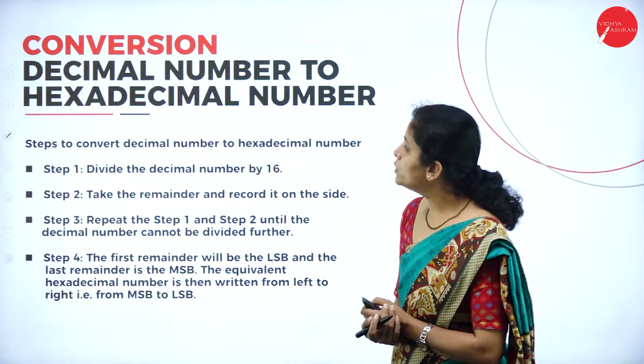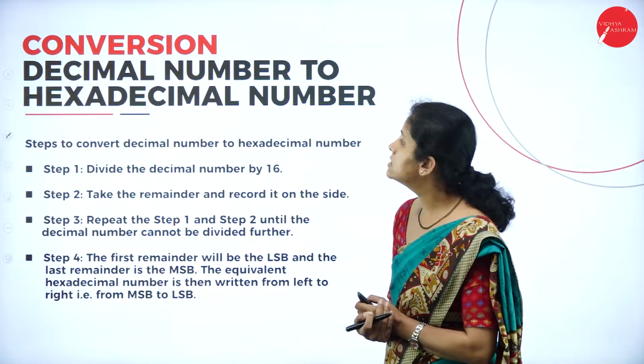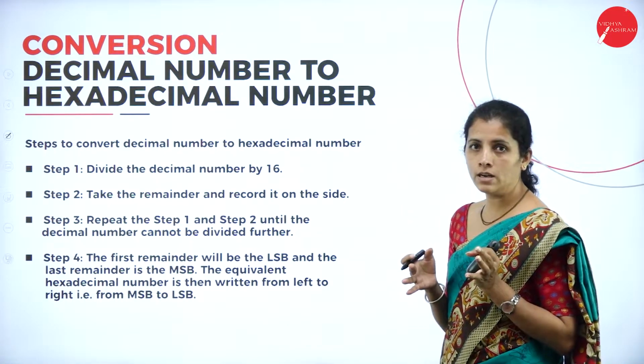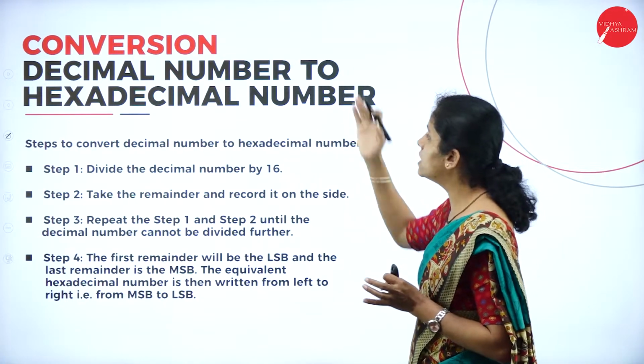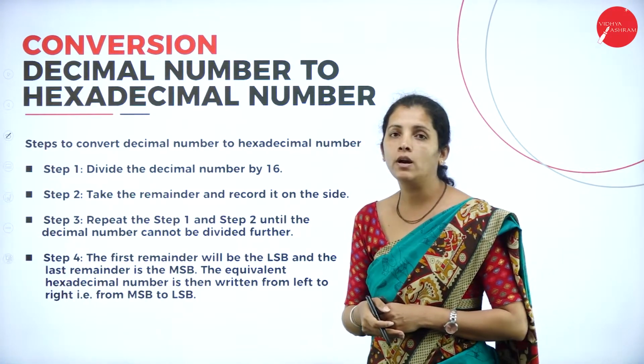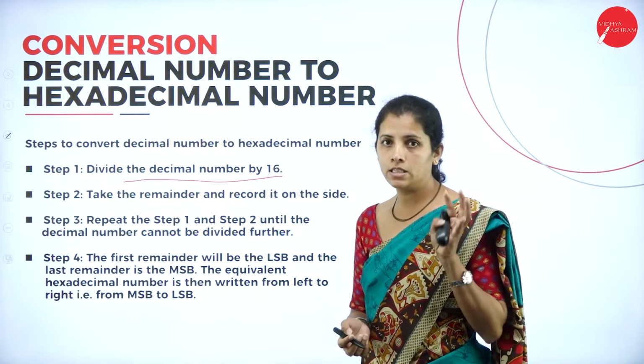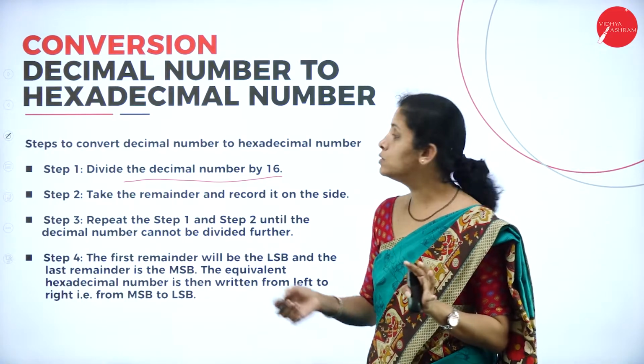Now I'm going to have the conversion, that is decimal to hexadecimal. So I'm going to have the decimal number and I want to convert that to a hexadecimal number. For that, what I'm going to do? I'm going to divide that number by 16, because I have a decimal number and I want to convert that to hexadecimal.